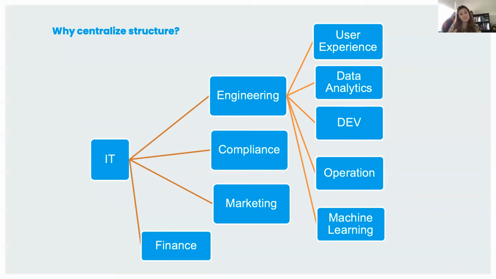As the company gets bigger, the activities increase and the size and functionality of the teams increase. Therefore, they need a centralized and well-architected structure, so everything works perfectly as they expected.